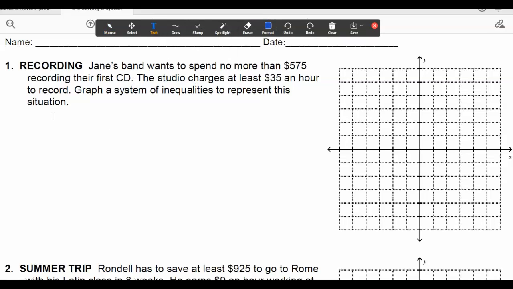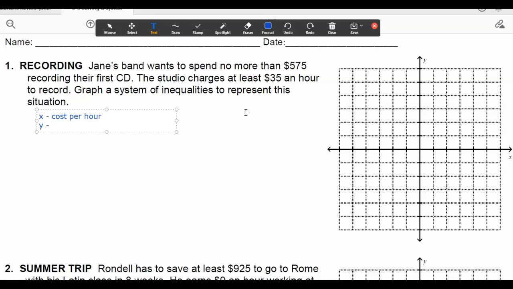So the first thing I like to do is to define my variables. So we know that we're going to use X and we're going to use Y. And we know that one of the items is going to be charges per hour.